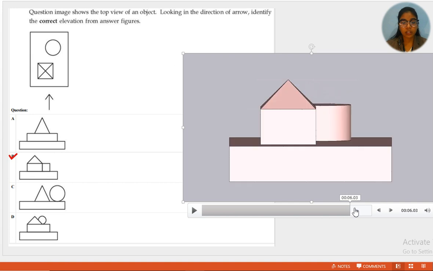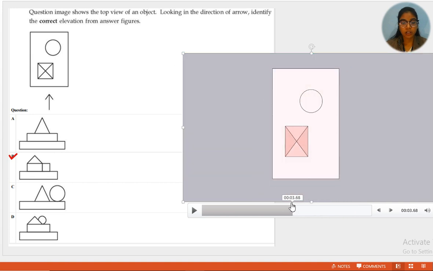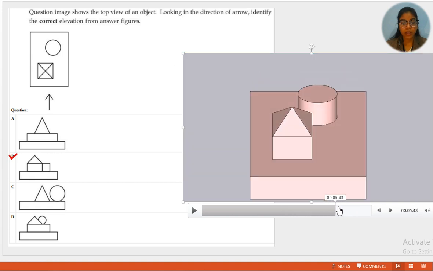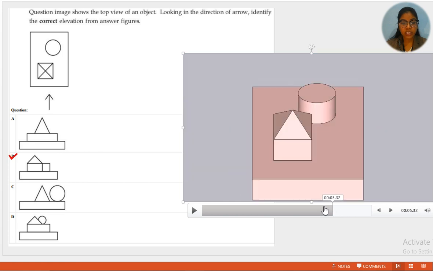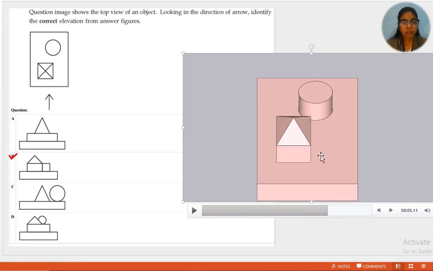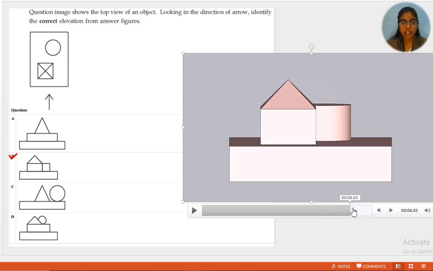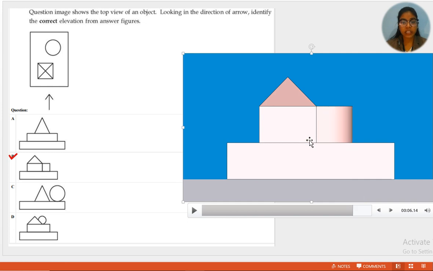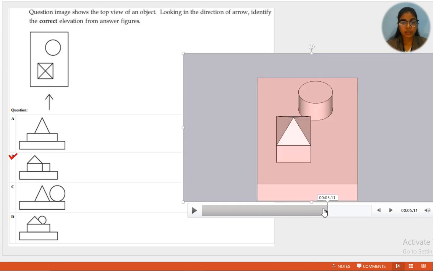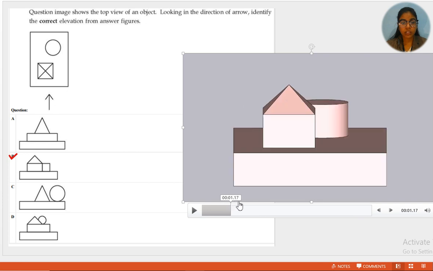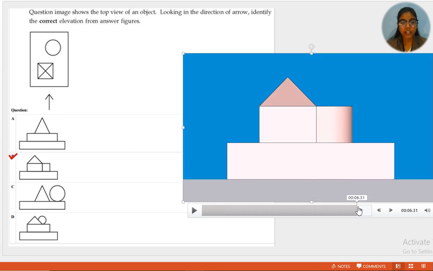See in the video. So this is your plan of a pyramid. Please don't get confused with it. And here at the back you have a cylinder whose top view is a circle, and in the elevation of a cylinder you will get to see a rectangle only. So in this way, option B is your correct answer.